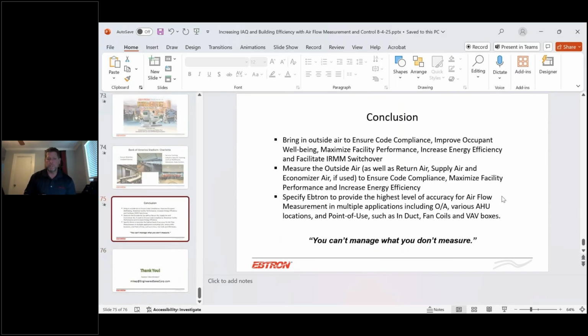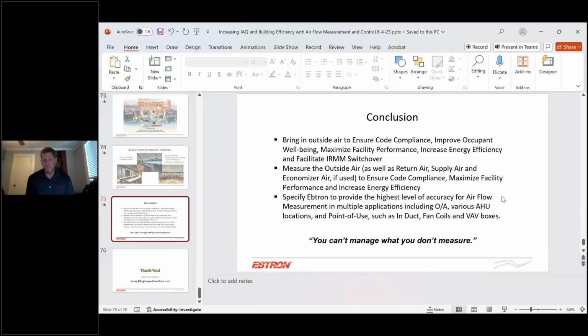So in conclusion, you need to bring in outside air to ensure code compliance, improve occupant well-being, maximize facility performance, and increase energy efficiency. You want to measure the outside air and return air supply or economizer to ensure code compliance, facility performance, and energy efficiency.